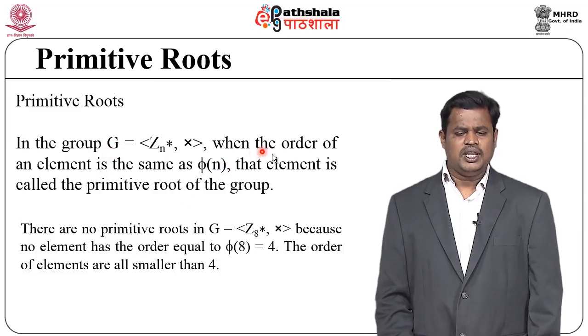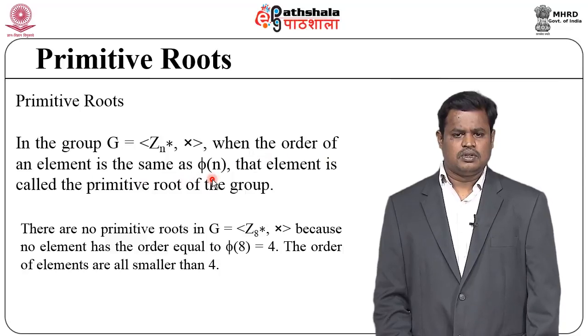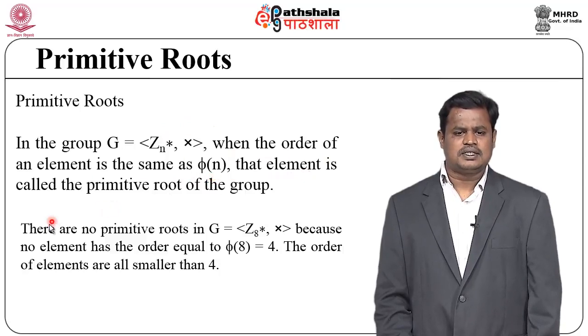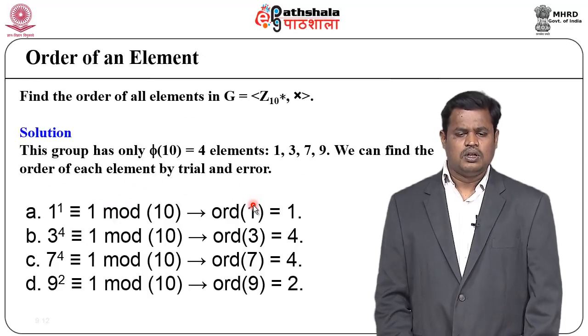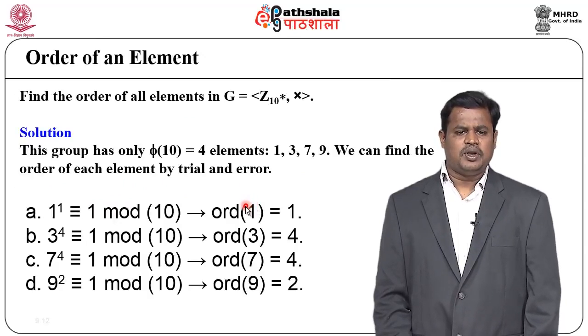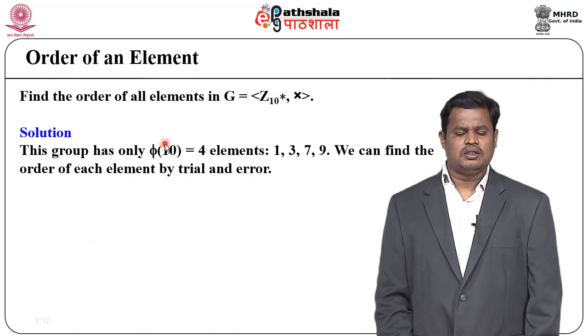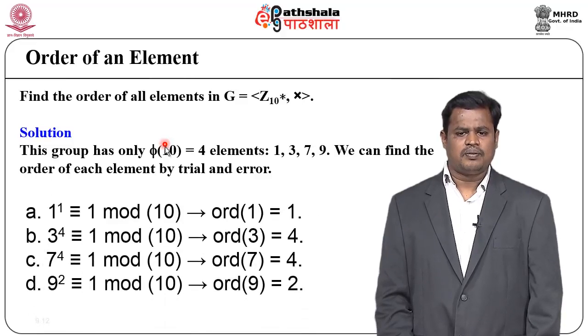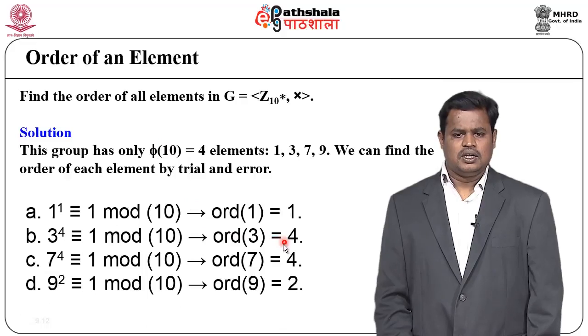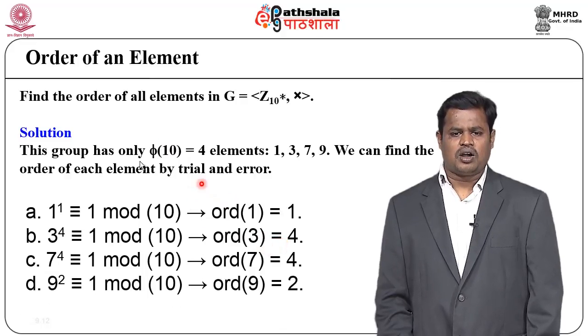When the order of an element is the same as phi of n, we say that element is a primitive root of the group. So if I want to find the primitive root of any group, first I need to know the order of the group, second the order of an element, and then I need to verify whether the order of an element is equal to the order of the group.